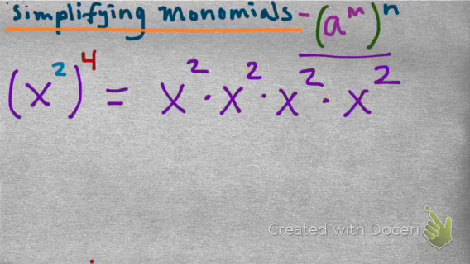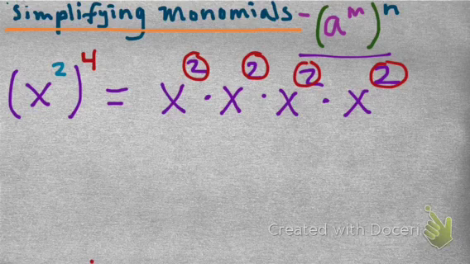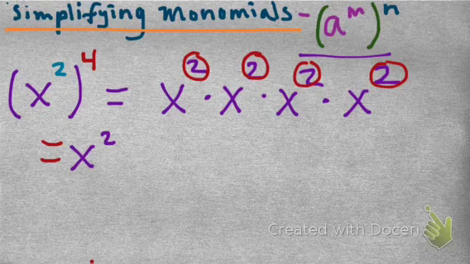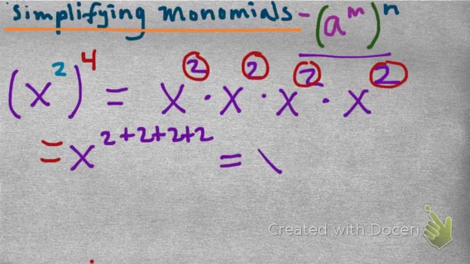I say, okay, well, if I think about the other property that we use, the product of powers one, then I know that when I've got a common base like that of x, I can just add the exponent of each of them, and rewrite it as x to that new power to more simply write it. So 2 plus 2 plus 2 plus 2, well, that's x to the 2, 4, 6, 8.